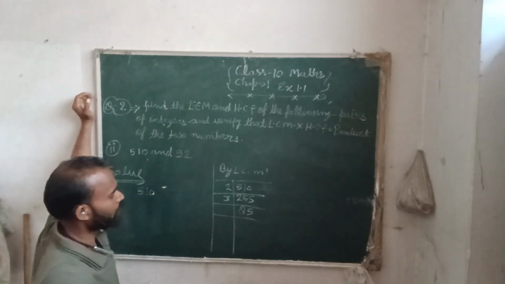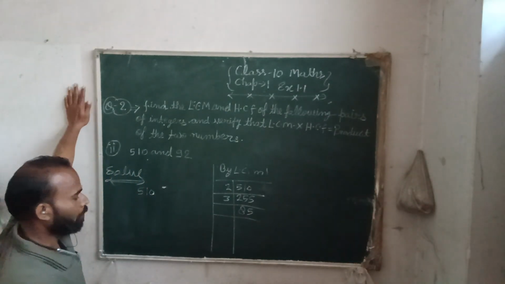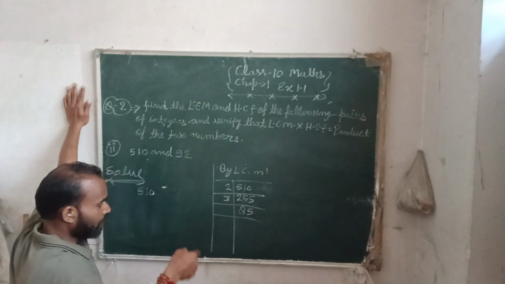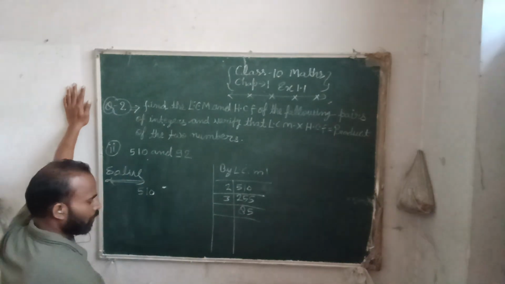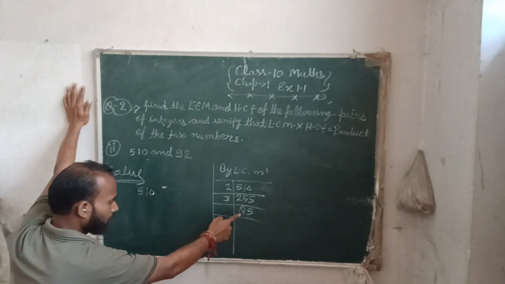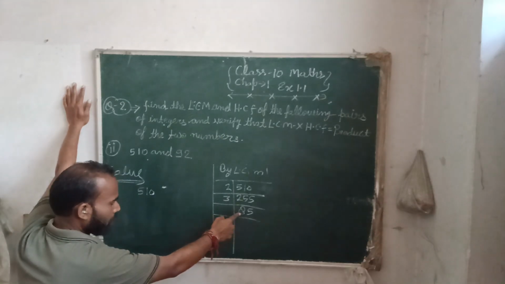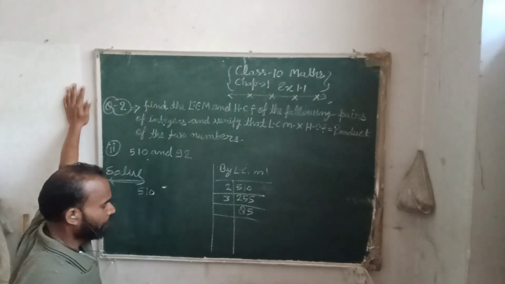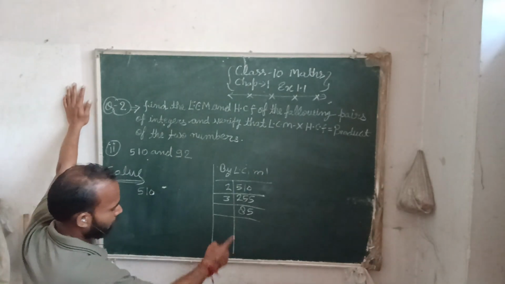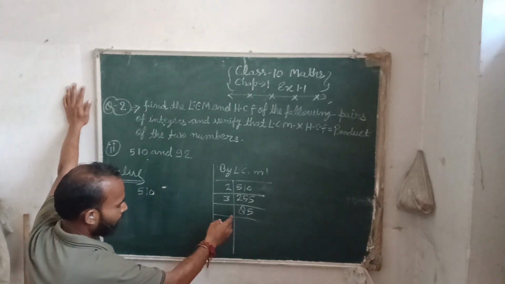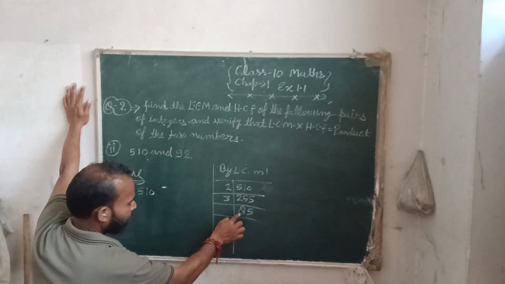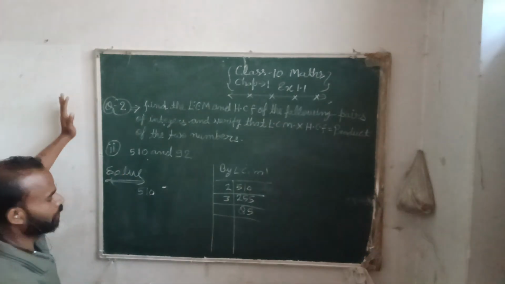The last digit is 5, but here we check: is this divisible by 3 and 5? Divisible by 3? 3 twos are 6, remains 2, 25. Not divisible by 3. So now check second: divisible by 5. 5 ones are 5, 3 remains 3, 35.